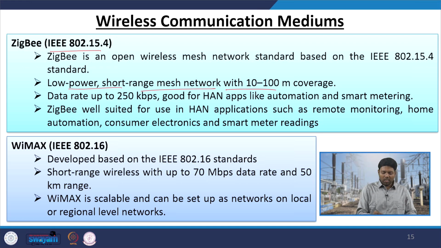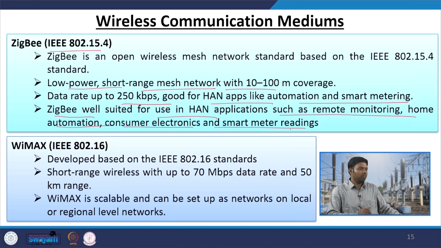Data rate is also very low, that is 250 kbps, good for HAN apps, automation and smart metering. So Zigbee is well suited for HAN application, used for remote monitoring, home automation, consumer electronics and smart meter reading.